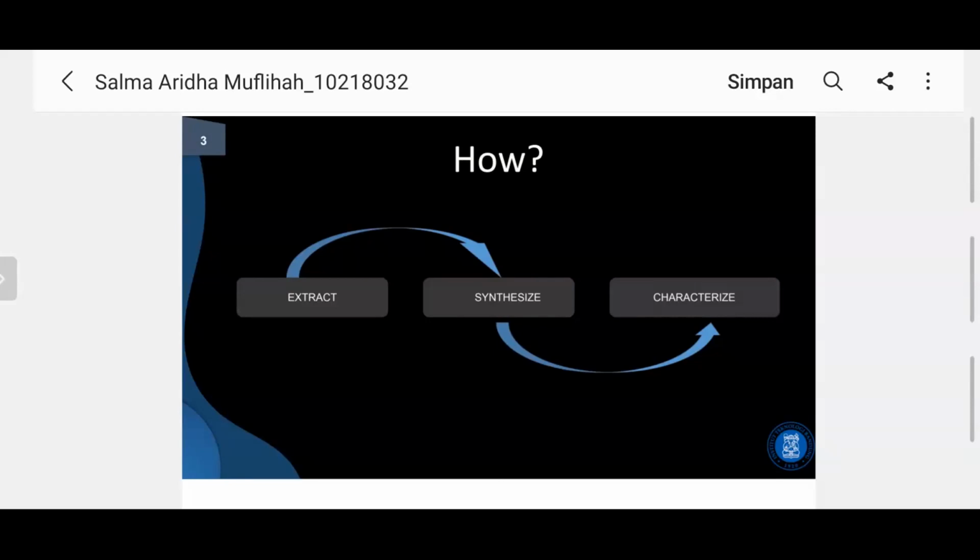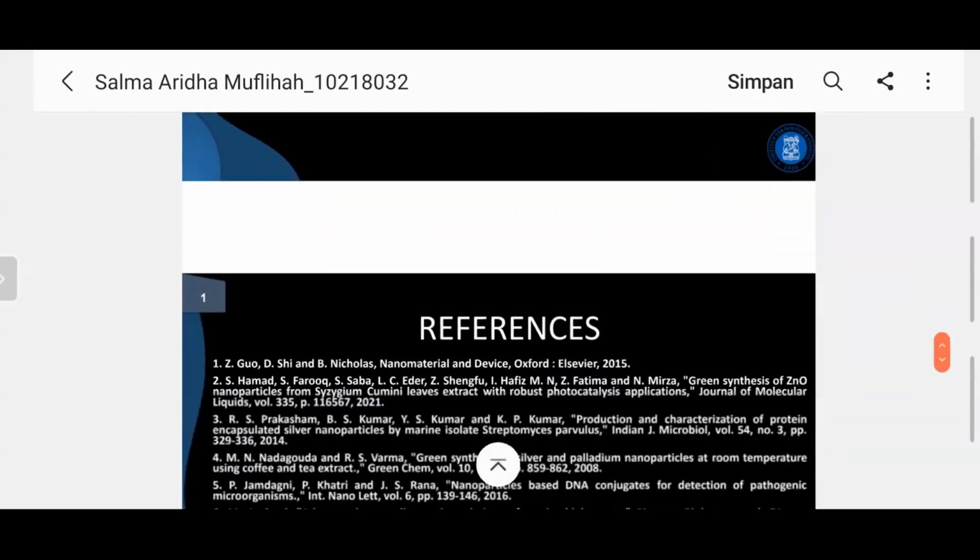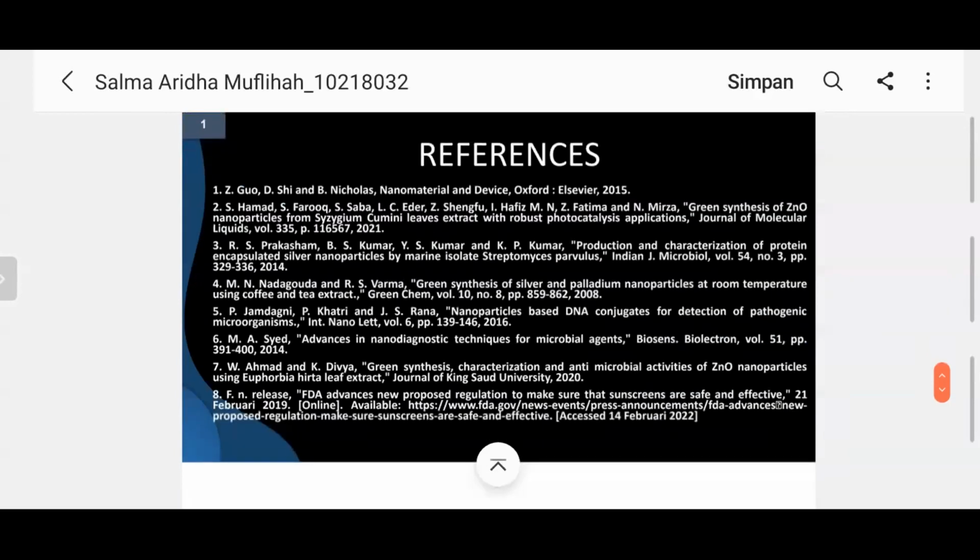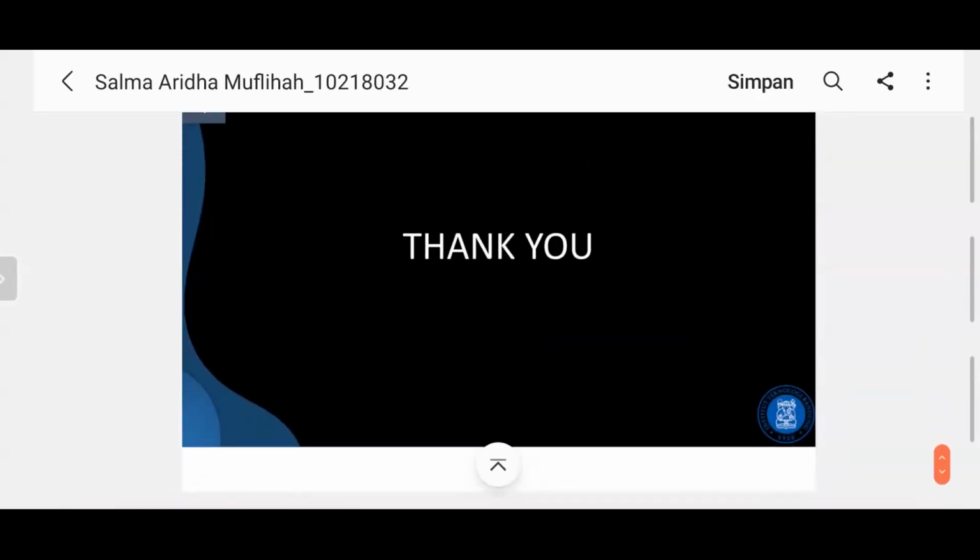I put some zinc nitrate in certain concentration in this extract and then heat it and stir it in certain time and certain RPM. And after that, I'll get the liquid or solution, and then I'll characterize it to know its physical and electrical properties and also its optical properties. So this is my reference, and thank you.